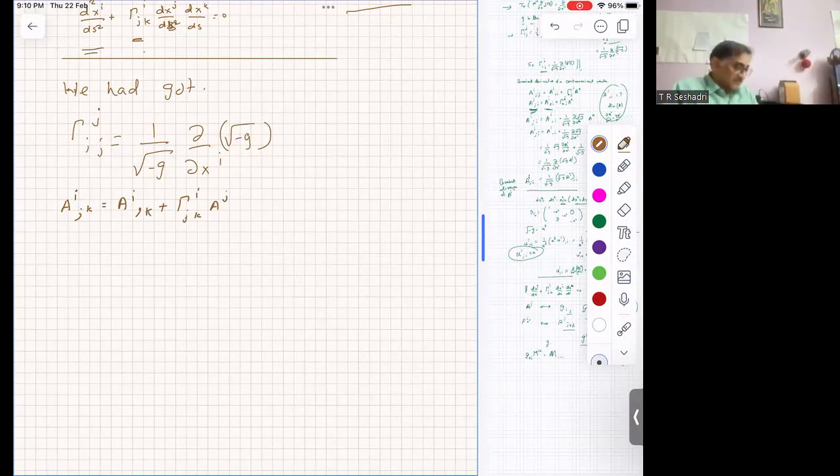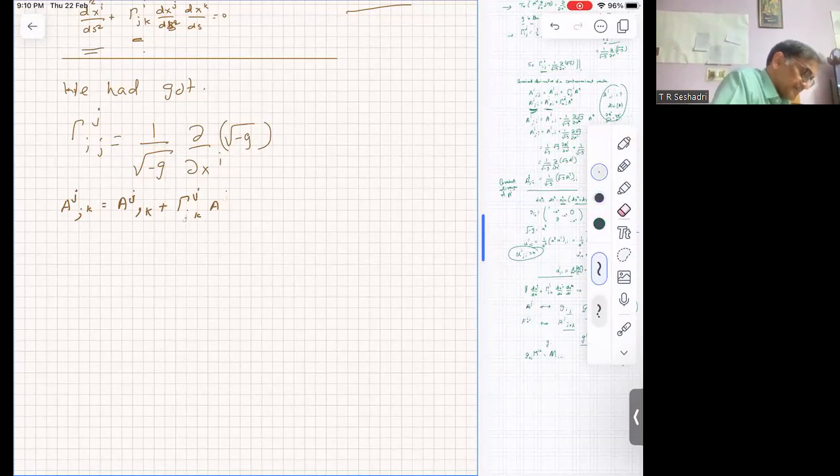Okay, so just to keep it in the same spirit as that, let me call this j, and I'll call this dummy index as i. Is this okay? This is the standard definition of covariant derivative.